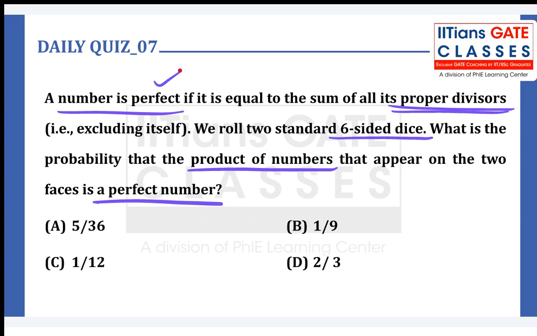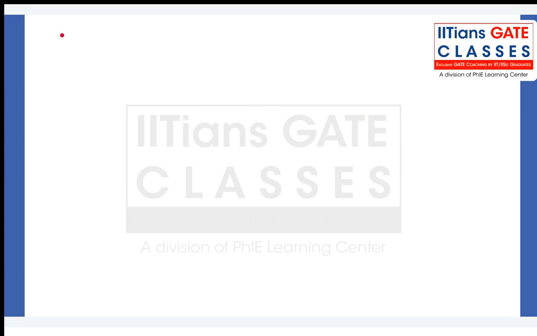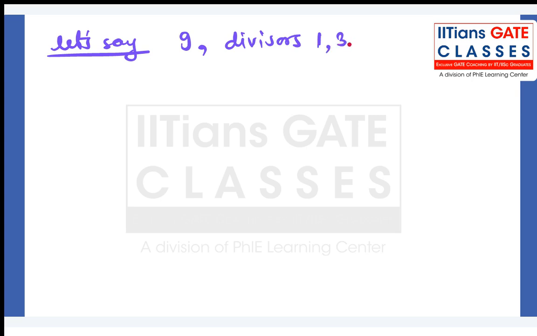Okay, so first of all, you should know what the divisors are and then what the proper divisors are. For example, if I take a number, let's say 9. The divisors of this number mean the numbers by which, if I divide 9, there will be an integer quotient. So that means the divisors will be 1, 3, and then 9 itself.